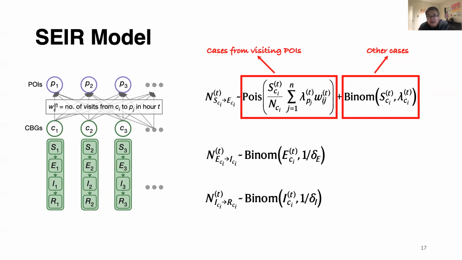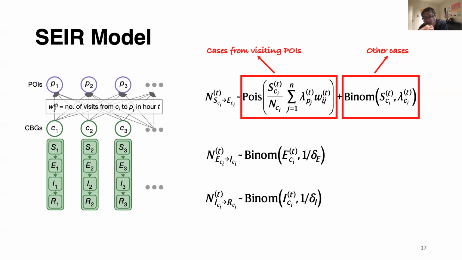And there are Wij visitors from CBG C to POI P at time t, and they assume that St over N fraction of them are susceptible, and the number of new exposures among those visitors is distributed as a Poisson distribution shown here.